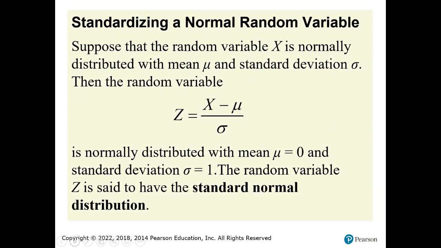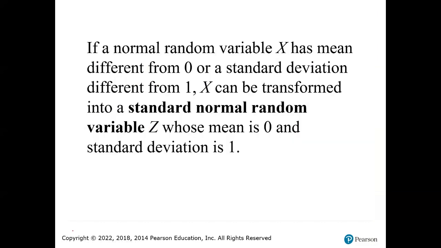That gives us a standard z-score, which we can use in the standard normal curve to find where the area would be. Remember, the standard normal curve has a mean of 0 and a standard deviation of 1.